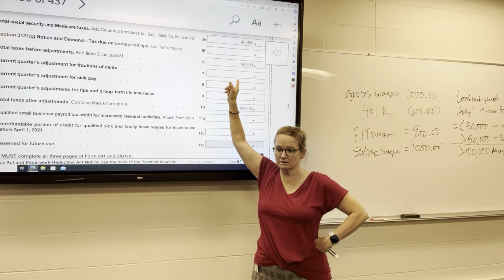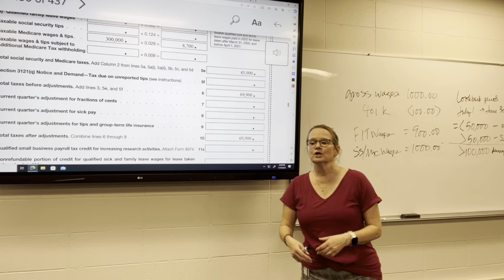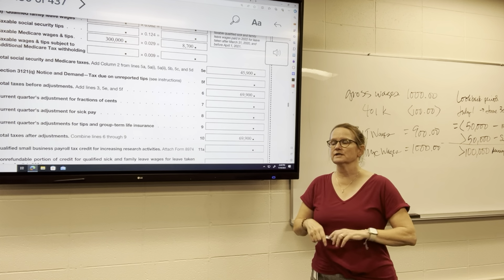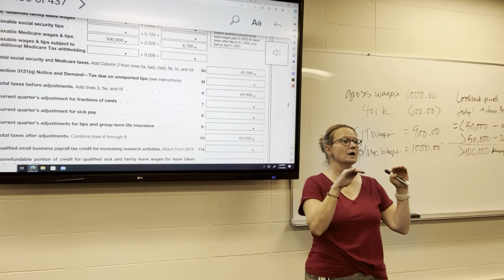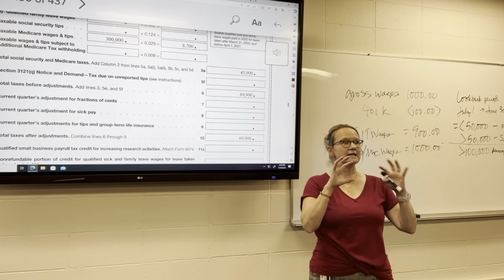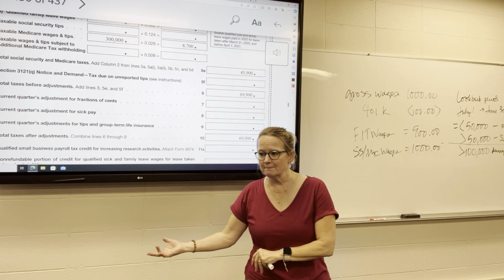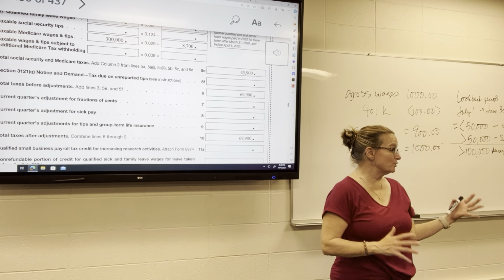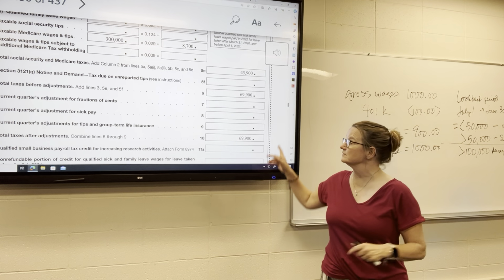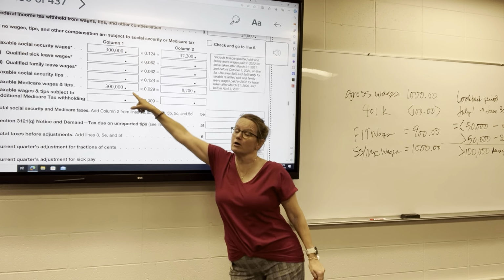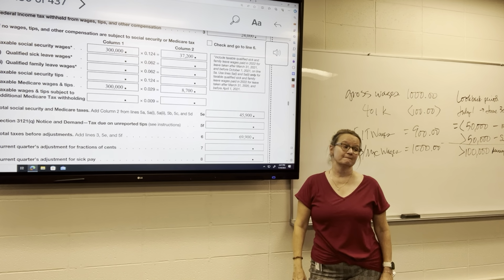When you have a rounding difference, remember, when you are calculating the Social Security taxes and Medicare taxes on an individual level, and then you add all of that up, you're very likely going to come up with a slightly different amount than when you are calculating all of those wages together, right?